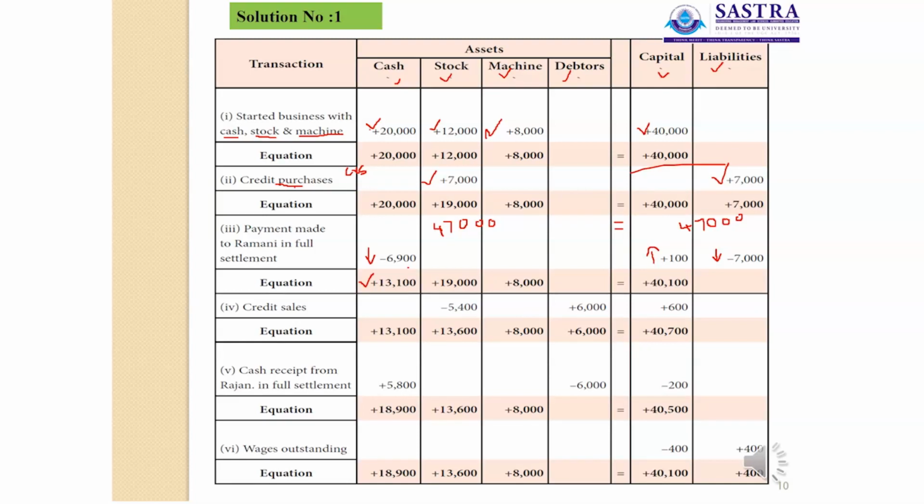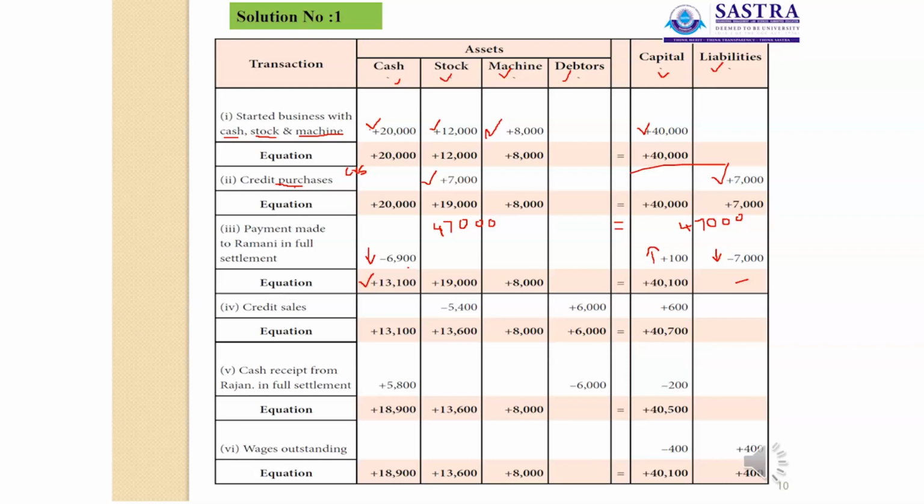Here 7,000 minus 7,000, there is no effect, so a dash. Now you have to prove the accounting equation. 13,100 plus 19,000, 32,100. 32,100 plus 8,000, 40,100. So our total on the asset side is 40,100. The liability side is also 40,100. So the accounting equation is proved.